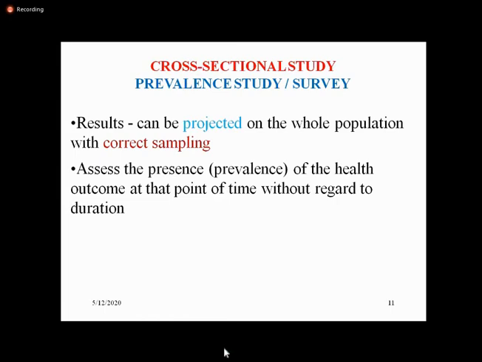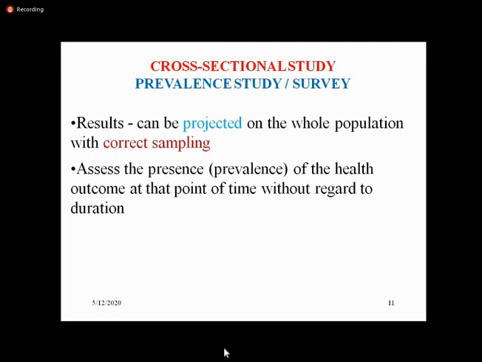In a cross-sectional study, you may get some information, but you have no evidence of causation. Suppose you are doing a study on hypertensive persons, and you find that their uric acid level is also high, but you don't know whether the uric acid increases the blood pressure, or the blood pressure increases the uric acid.